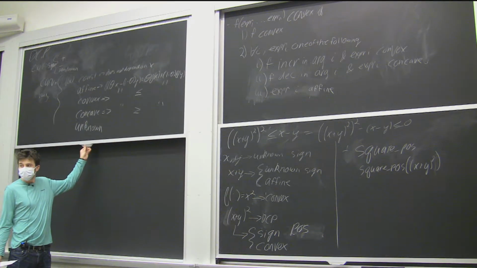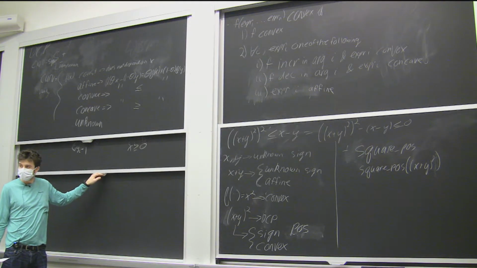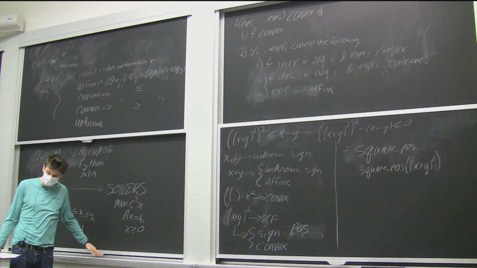All this square_pos, isn't it possible to just automatically detect the positivity of the input? Like shouldn't it be able to automatically parse that?